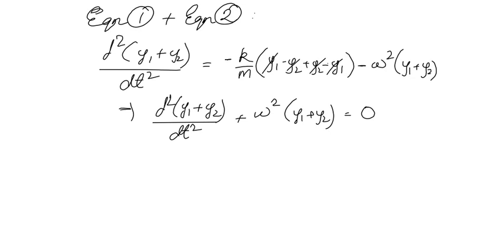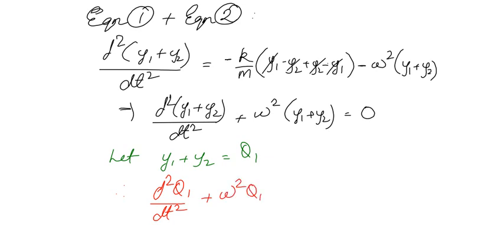Now let y1 plus y2 be Q1. Therefore, d squared Q1 by dt squared plus omega squared times Q1 is equal to 0.